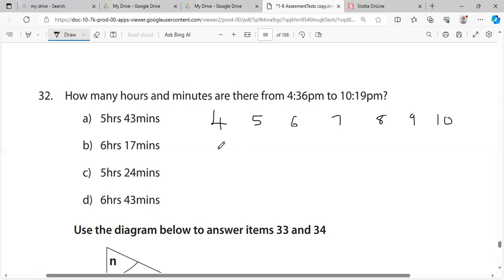So we have 24 minutes here to get to 5 o'clock. Then we have 1, 2, 3, 4, 5 hours plus 19 minutes. So if we just add the 19: 9 plus 4 is 13, carry 1, that's 43. So that's 5 hours, 43 minutes. There we go. That would be C.